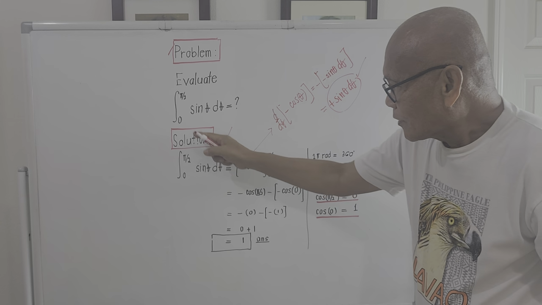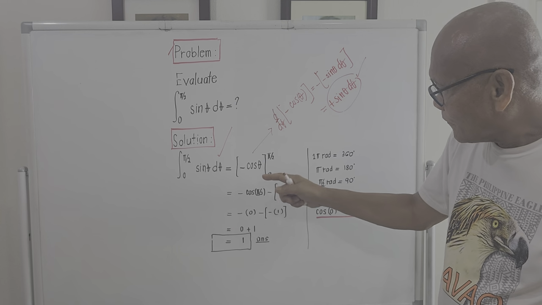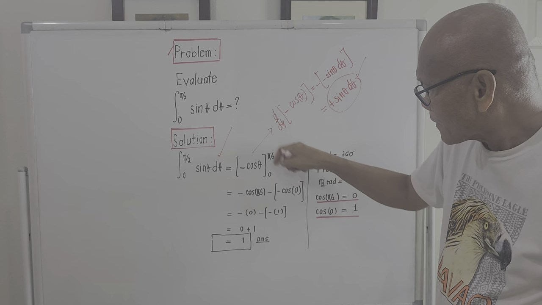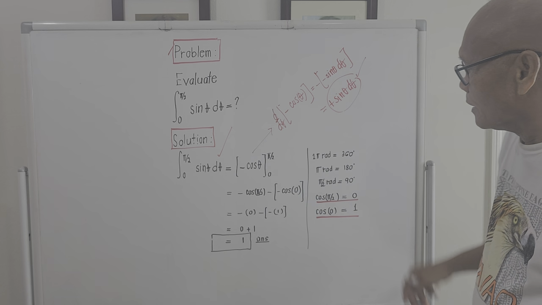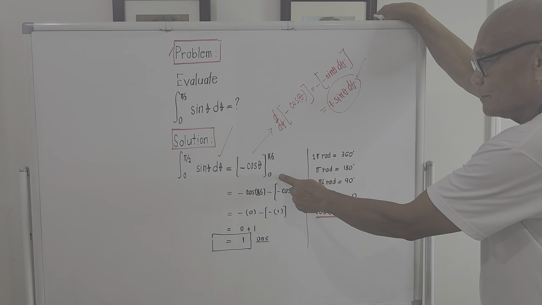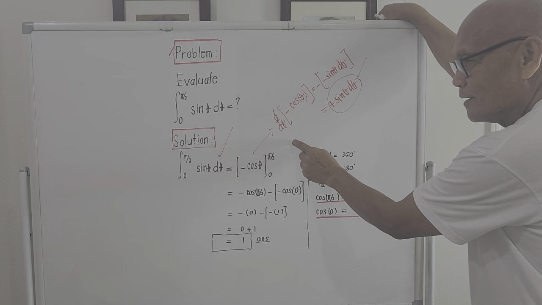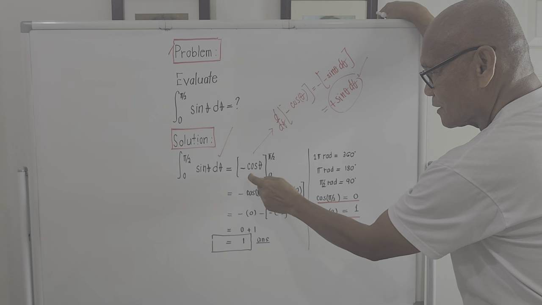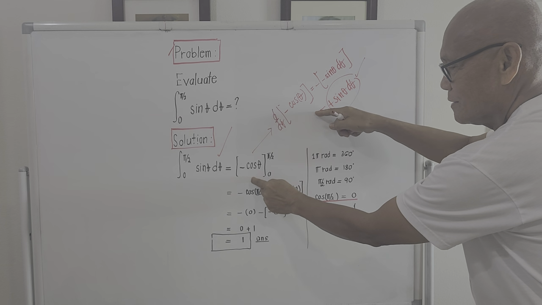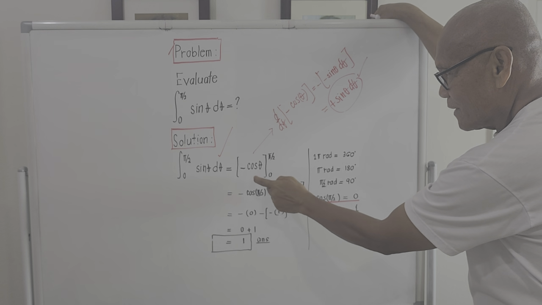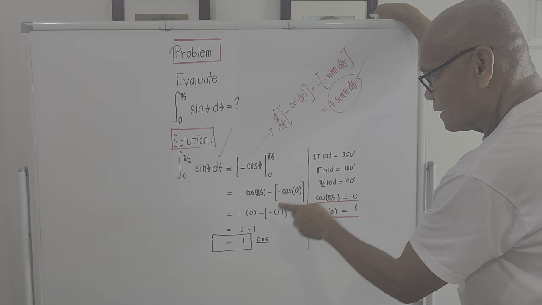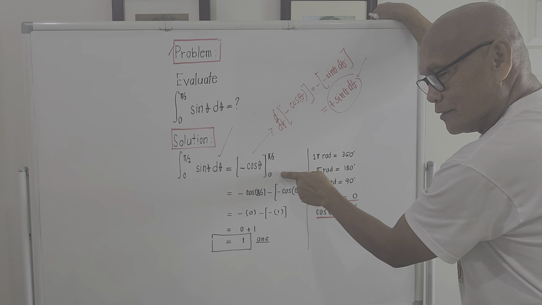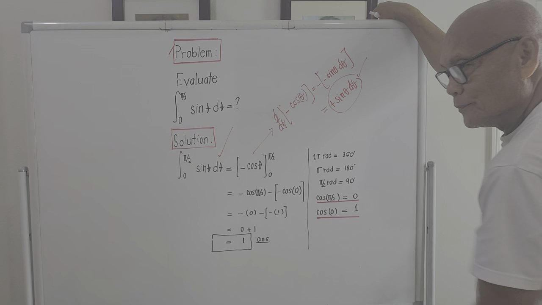So the evaluation of this will become negative cosine of theta, open bracket, from 0 to pi over 2. Lower limit, upper limit. We have proven that the integral of sine of theta, differential theta, is negative cosine of theta. So this will be negative cosine of theta, the lower limit is 0, the upper limit is pi over 2.